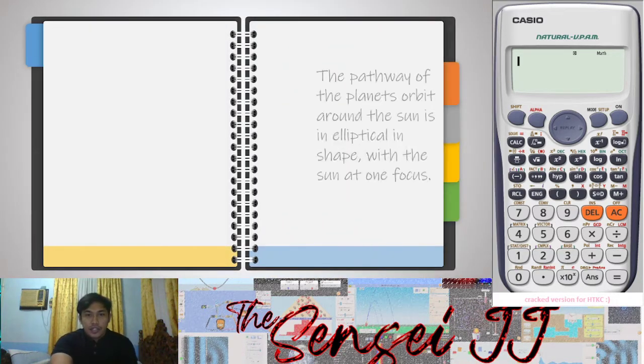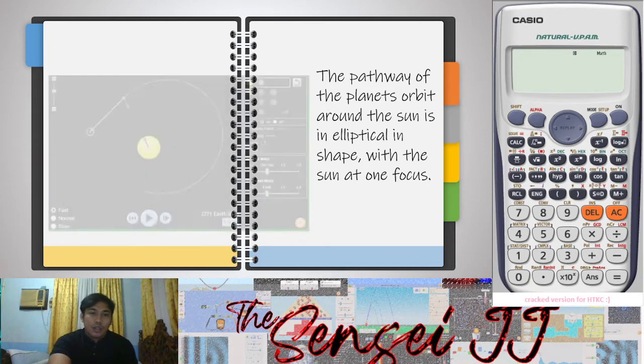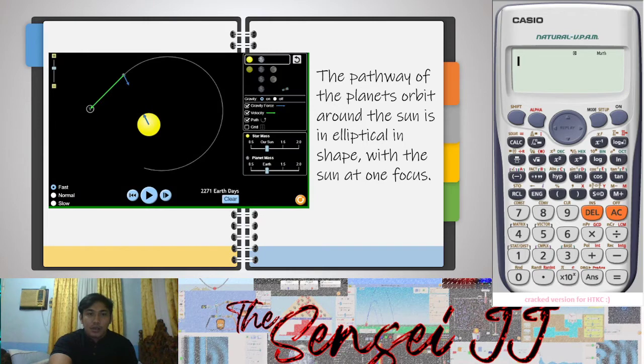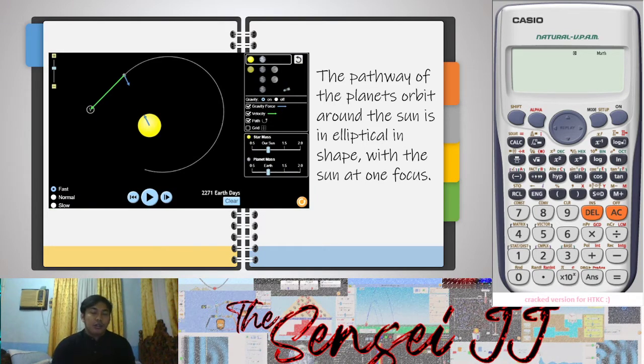Since it is elliptical, there will be a major and minor axis. First, the pathway of the planet's orbit around the sun is elliptical in shape with the sun at one focus. For example, here is our sun and the other planet is orbiting around our sun. Here is the video for that. This is the Earth, elliptical in shape, with the sun at its focus.